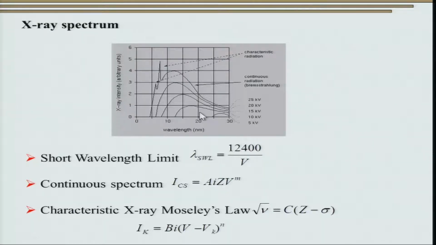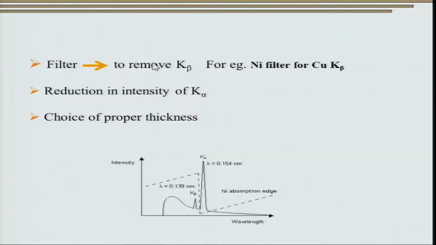Now, the intensity of the continuous spectrum is given by A I Z V to the power m, where m is generally equal to 2, Z is your atomic number, A is a constant and I is the current. So, we see there is a continuous spectrum. However, when the voltage is further increased, we do see characteristic peaks in the spectrum.